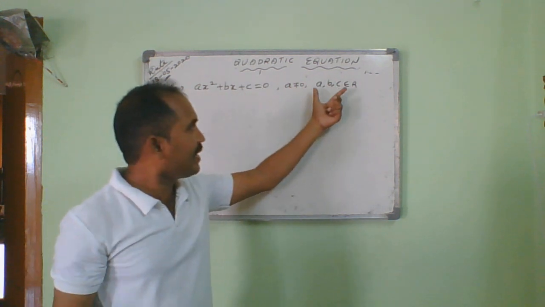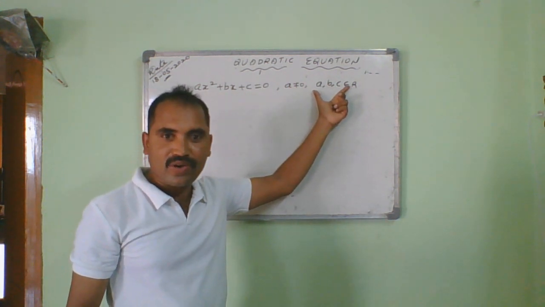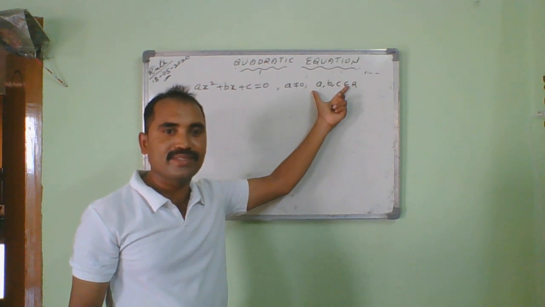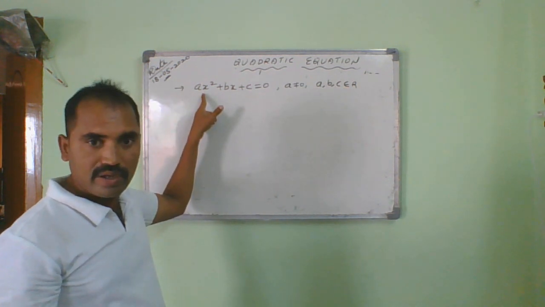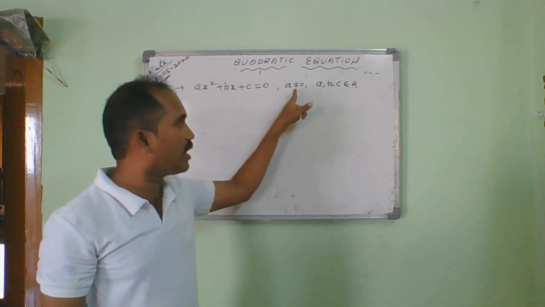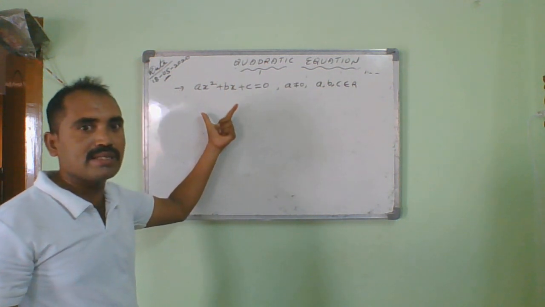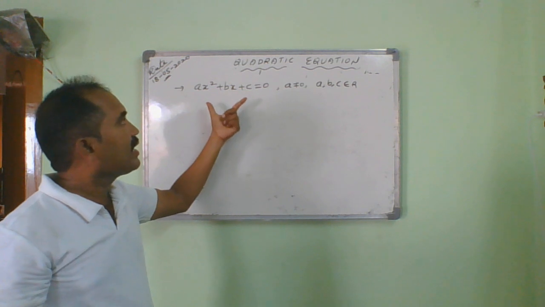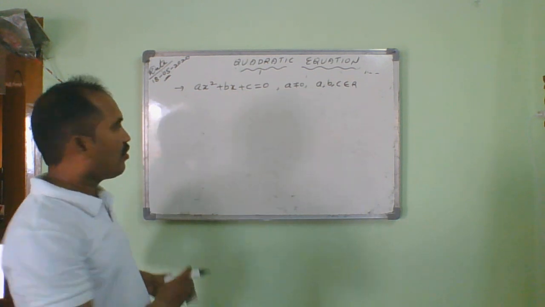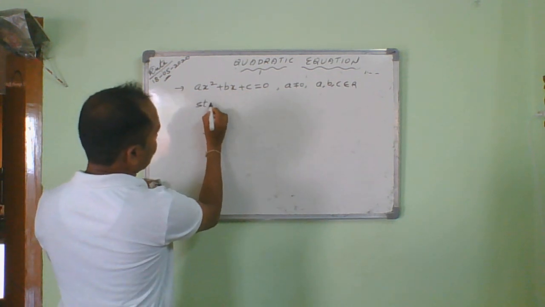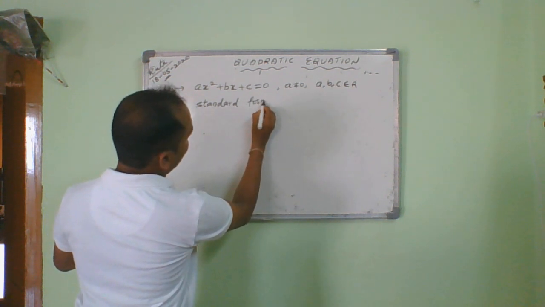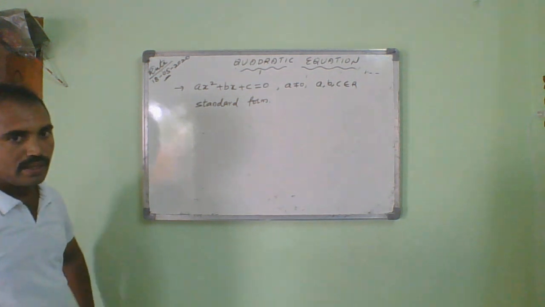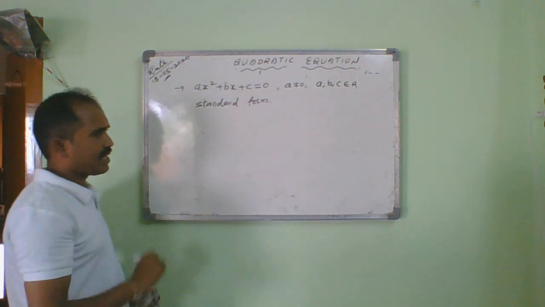These three numerical coefficients are real numbers, and the numerical coefficient of the highest power of the variable should not equal 0. This is called the quadratic equation standard form.